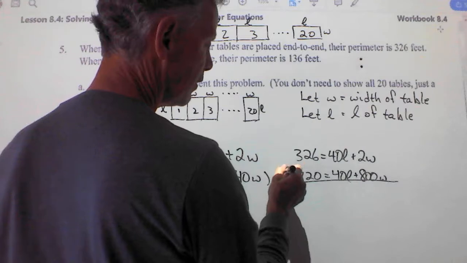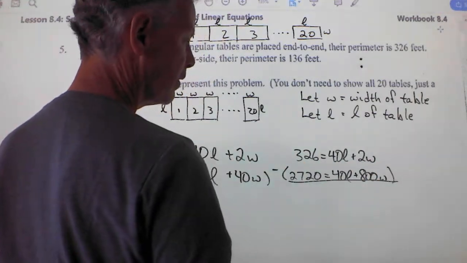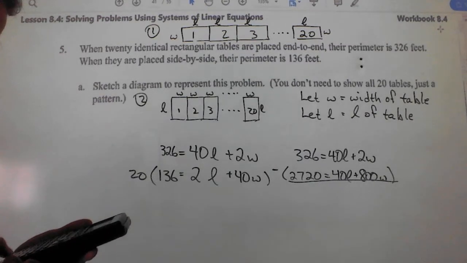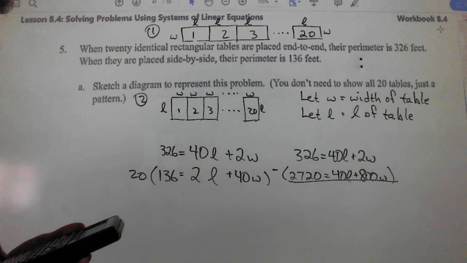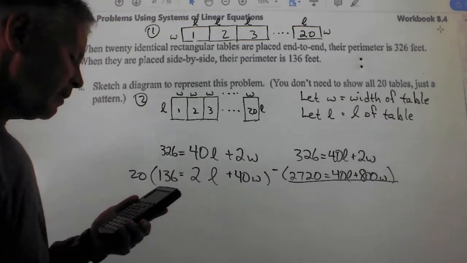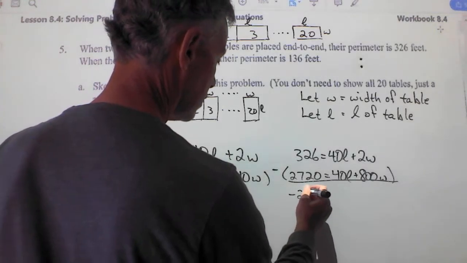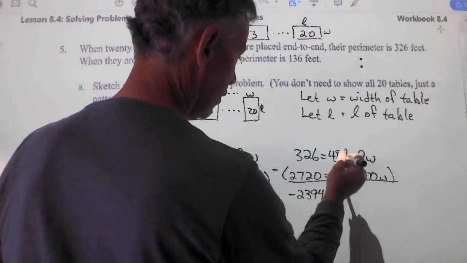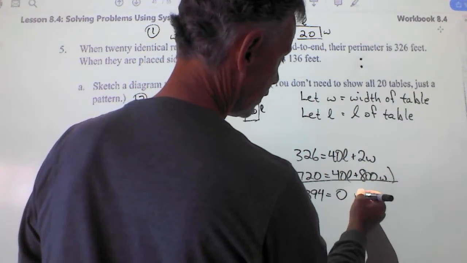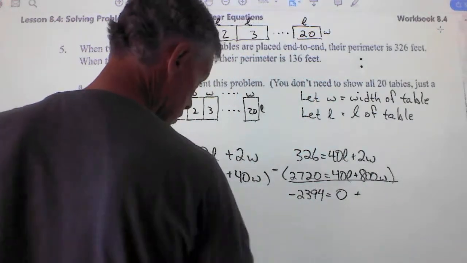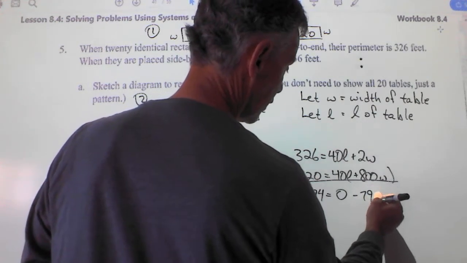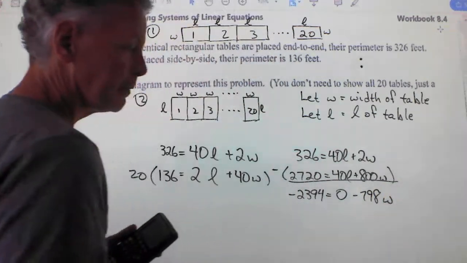Since they're both positive, we know we have to subtract. And when we subtract, we get, Mr. Calculator, please. Negative 2394. 40 minus 40 is 0. 2 minus 800, whoops. 2 minus 800 is negative 798W.